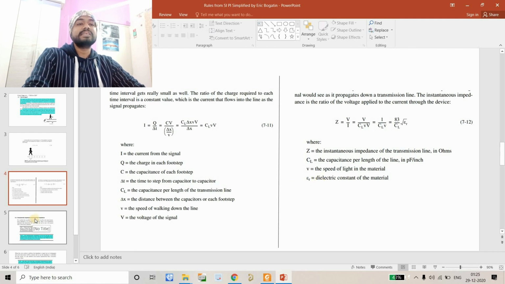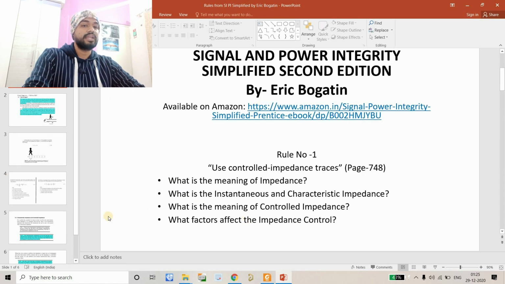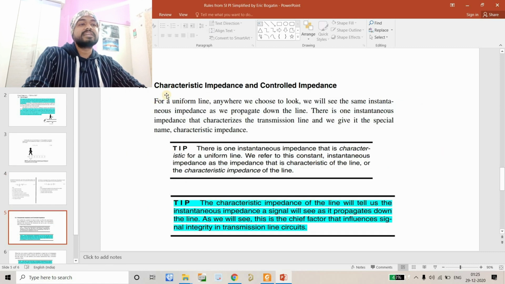Okay, now we'll see the next question that we asked on the first slide. What is characteristic impedance and controlled impedance, right? If you read this paragraph, you'll see there is one instantaneous impedance that is characteristic for a uniform line. We refer to this constant instantaneous impedance as the characteristic impedance of the line.